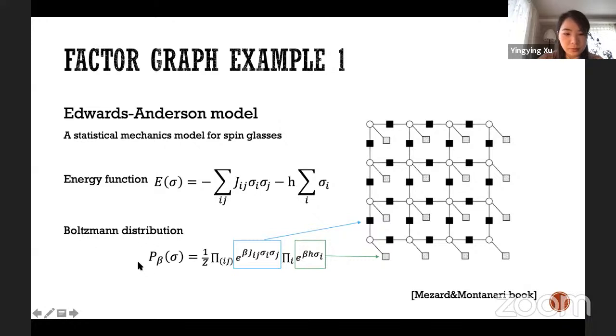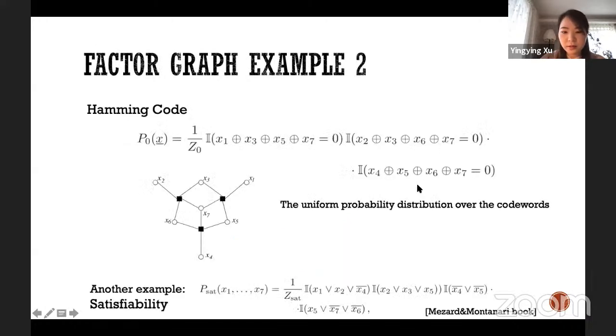The Boltzmann distribution is written as a probability distribution factorized into many parts. The correlating part is represented by the black box on the graph, and the gray box represents the external field, and all the neighbors are connected in this model.